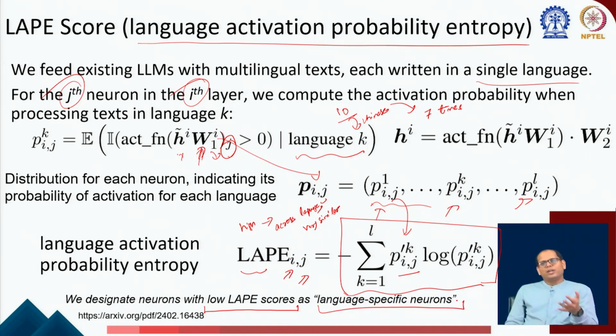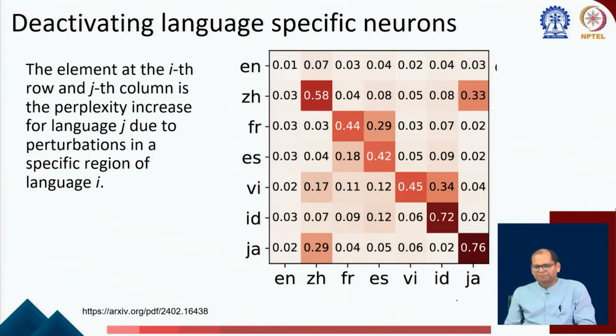So they use this method to identify language specific neurons, okay, and then they say, okay, what if I deactivate the language specific neurons? So how do you read this table? So you take the ith row. So let's say this is the ith row, and this is the jth column.